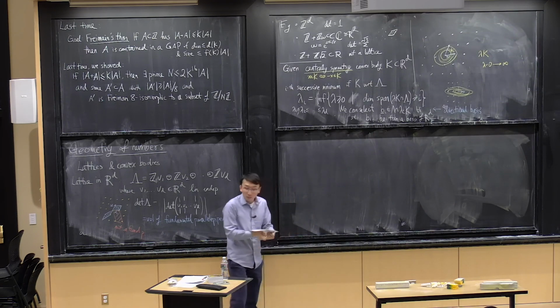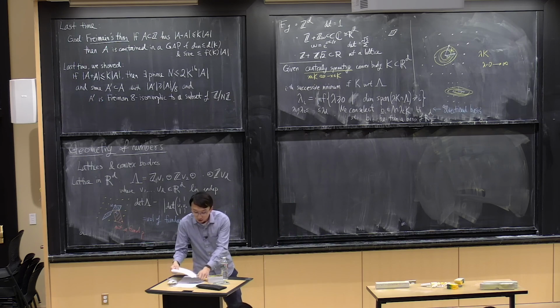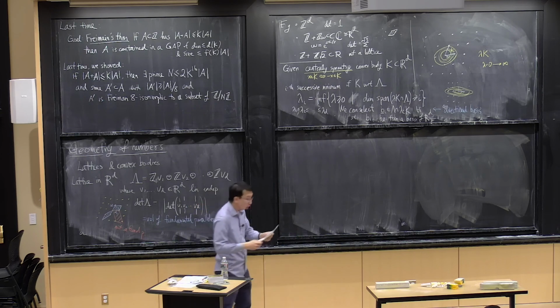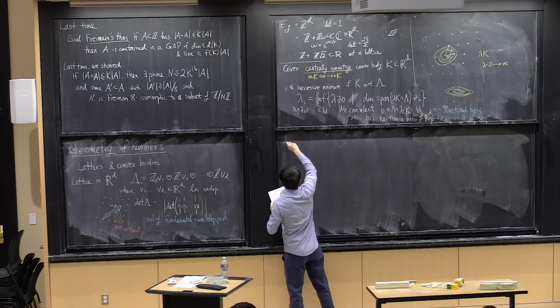So the result from the geometry of numbers that we're going to need is something called Minkowski's second theorem.